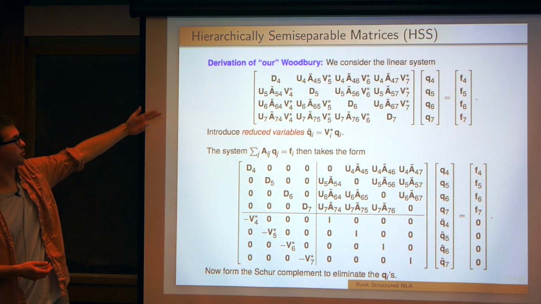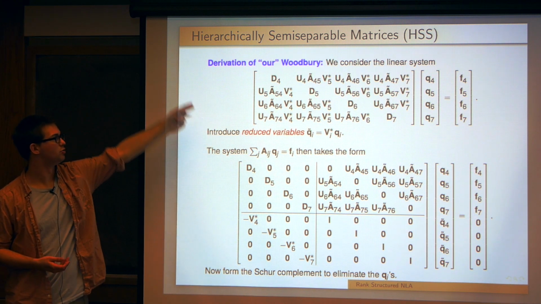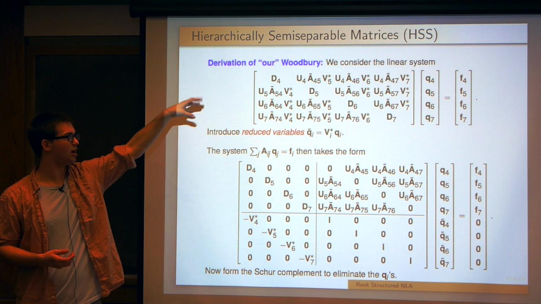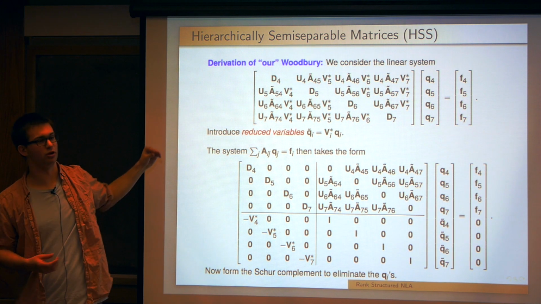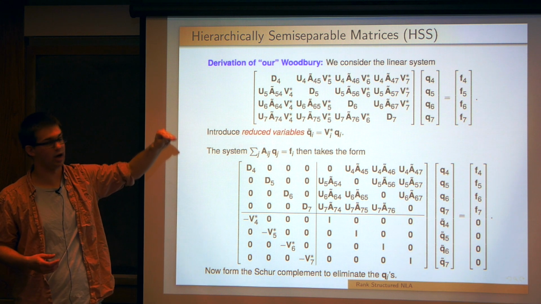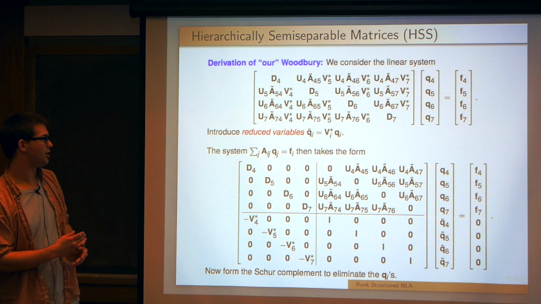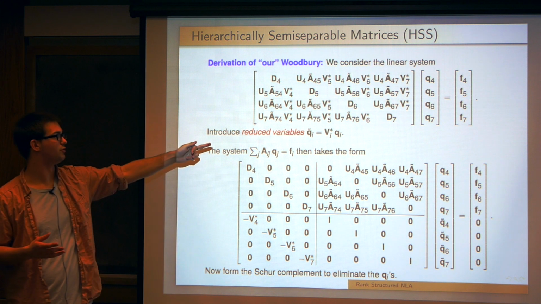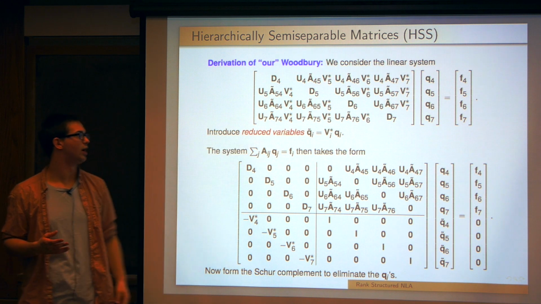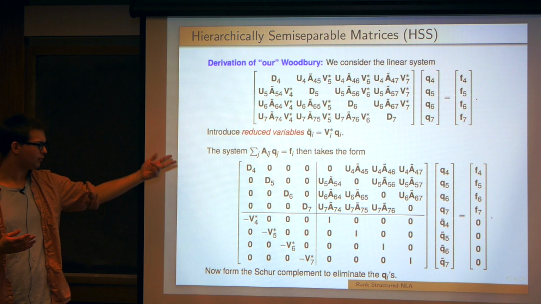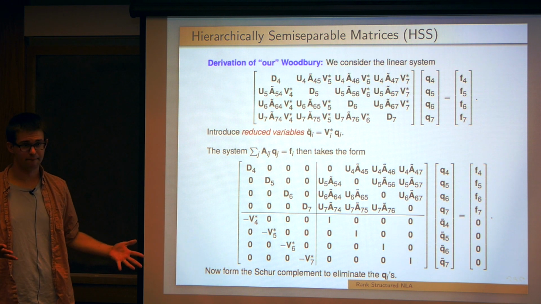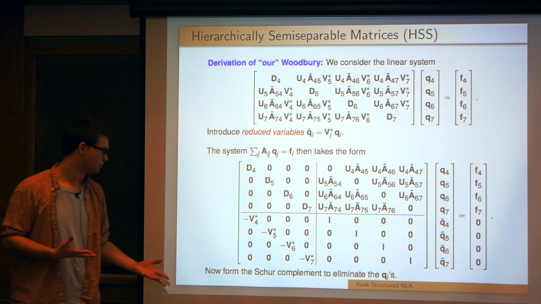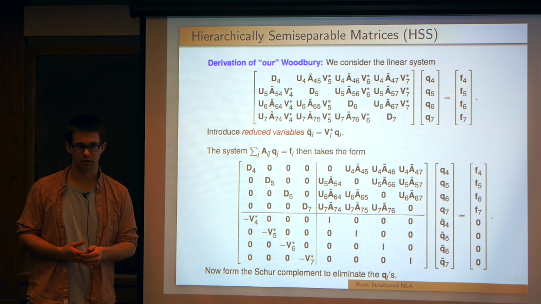So consider this linear system, which is the same matrix we started with. We still have these dense diagonal blocks and low rank off-diagonal blocks, and we can write each of our block rows in terms of a common basis. Then the key here for this proof is we consider a reduced variable, which I call qi tilde, and we rewrite the equation in terms of that. Basically, we do a little algebra and consider the Schur complement.